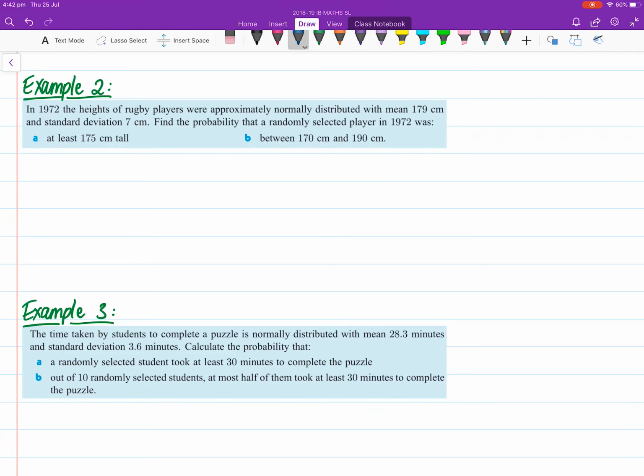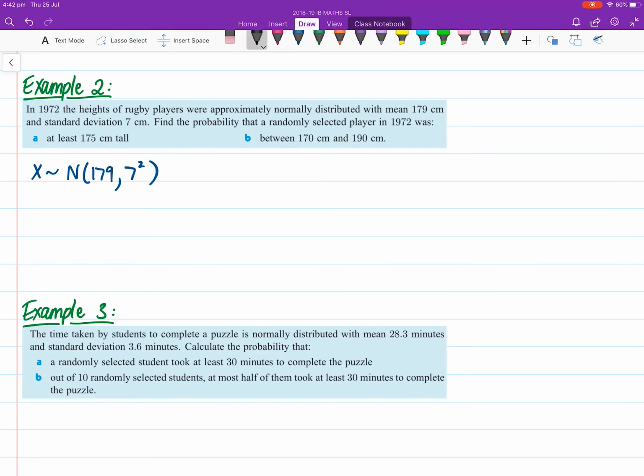So what have we got here? We've got x here. Let's just set up the situation. So we've got an x value that is normally distributed with a mean of 179 and a standard deviation of 7.